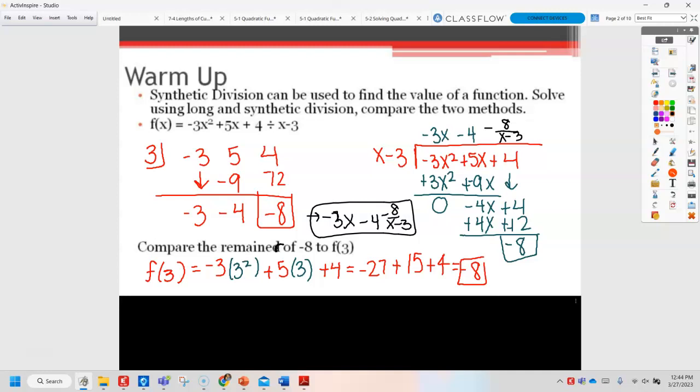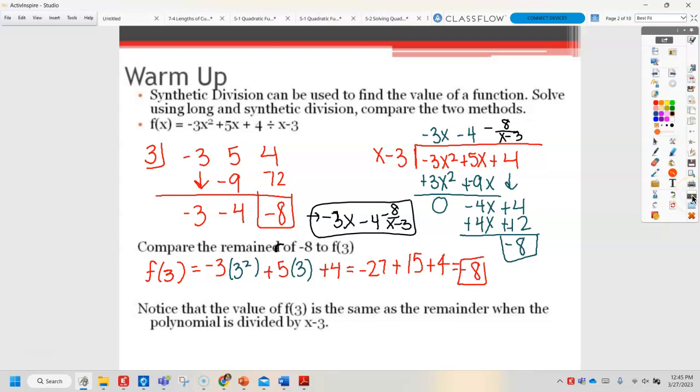So the focus of today's lesson is how does the remainder in synthetic division compare to the function evaluated at that point. So that is kind of what we're focusing on, and that is what's going to lead into the remainder and factor theorem that we're going to study today.